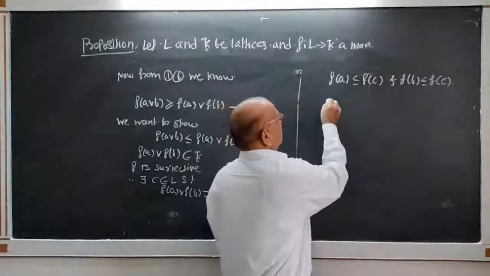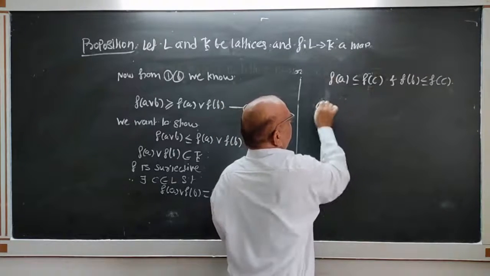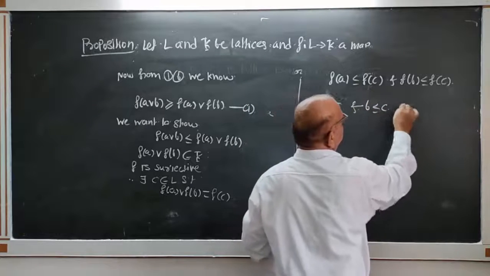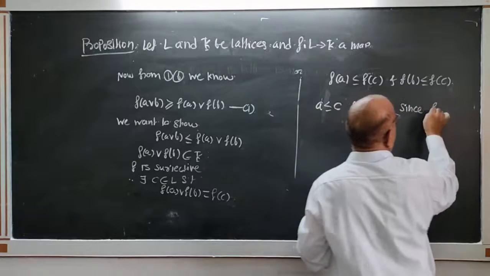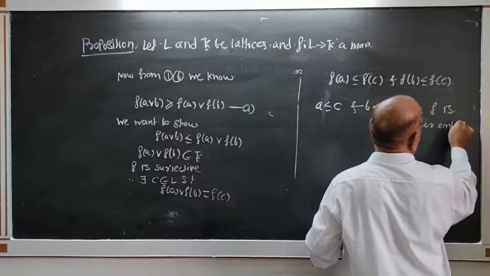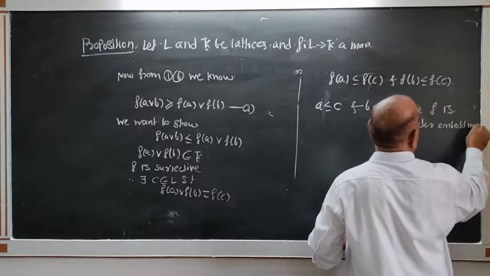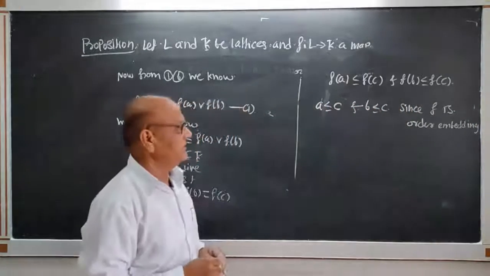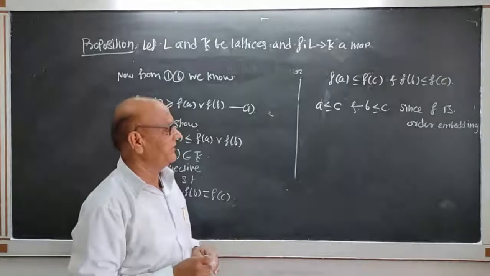This gives a is related to c and b is related to c, since f is an order embedding, that means order preserving both ways.